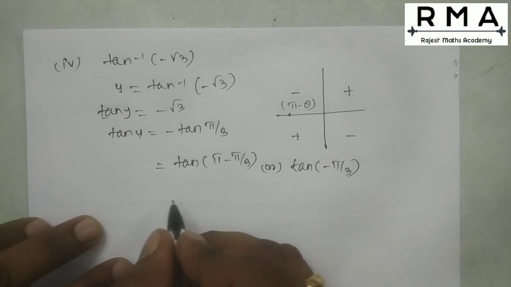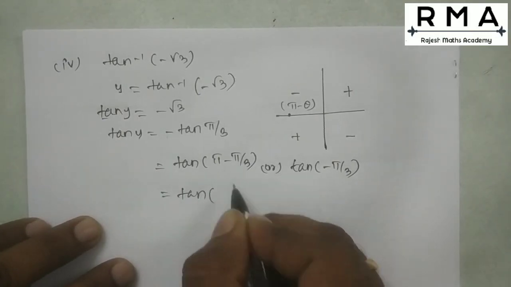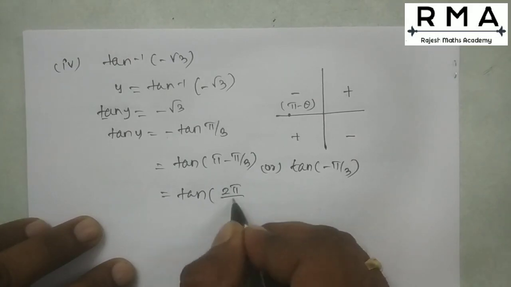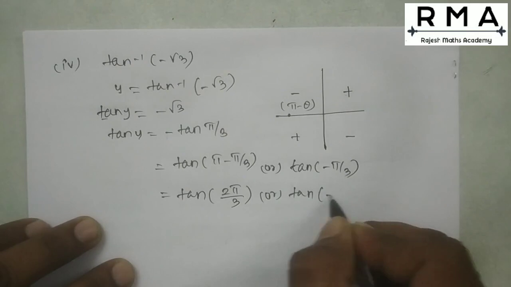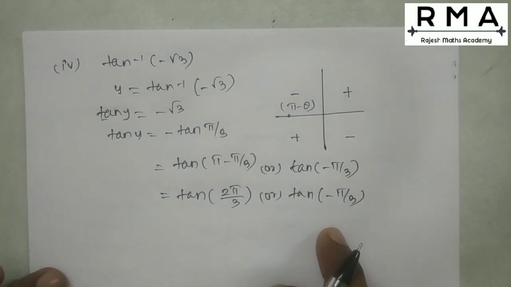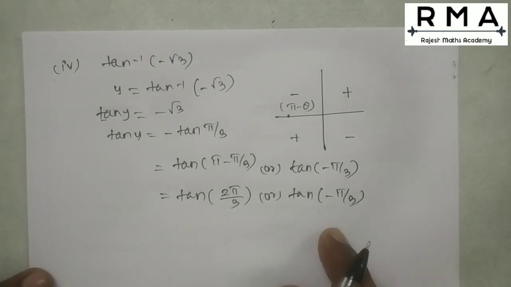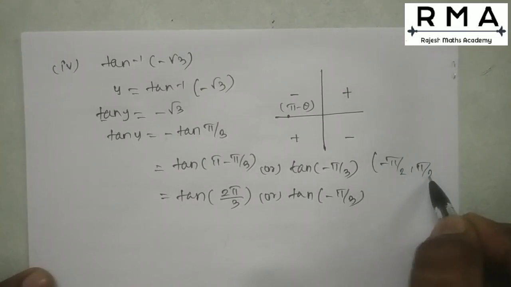Clear? So now among this, simplify this first. So tan of pi minus pi by 3 means tan of 2 pi by 3, or this will be tan of minus pi by 3. Now what is the principal value of tan inverse? Principal value of tan inverse lies in the open interval minus pi by 2 to plus pi by 2.